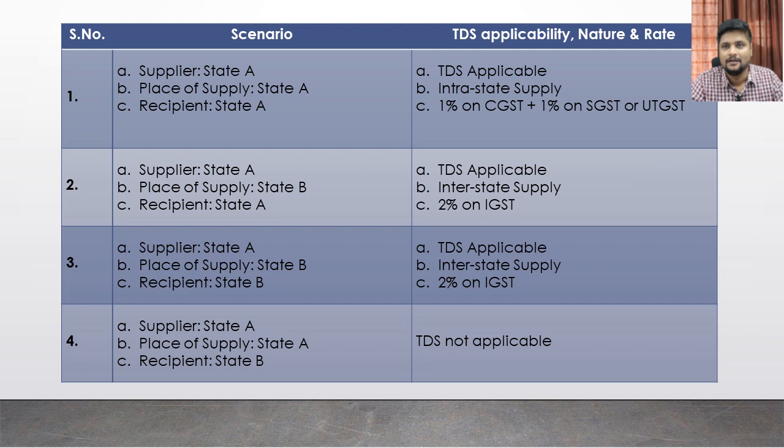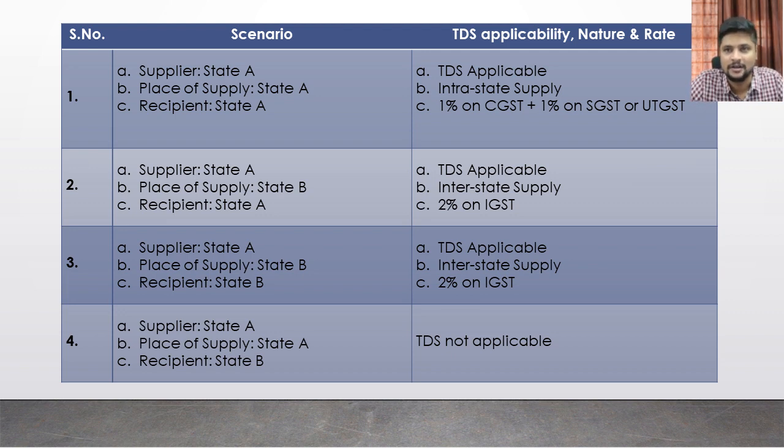In this scenario, there is no TDS applicable. TDS is not at all applicable in this scenario. Clear or not? So you should understand these 4 scenarios. In these 4 scenarios, in one scenario, TDS will not be applied.